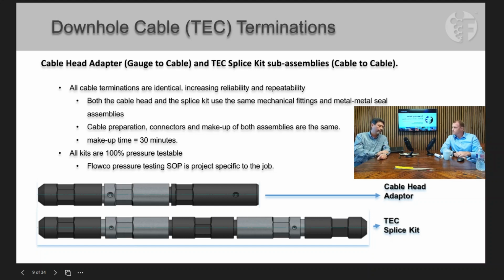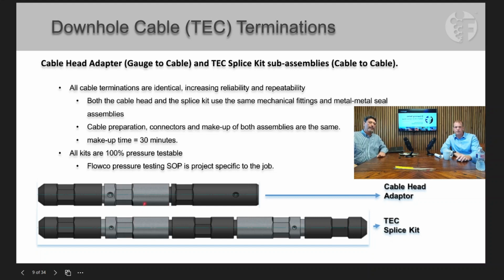So in order for us to do that, we have to use the downhole cable, or TEC, totally enclosed conductor, okay? In order to connect that downhole cable to the gauge, we have to have a termination that is called cable head adapter termination. And that's this piece here.